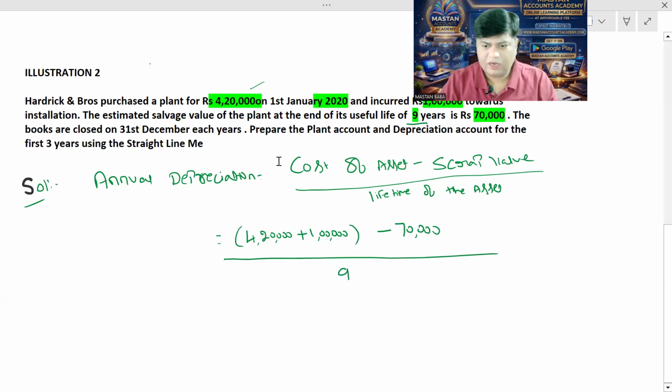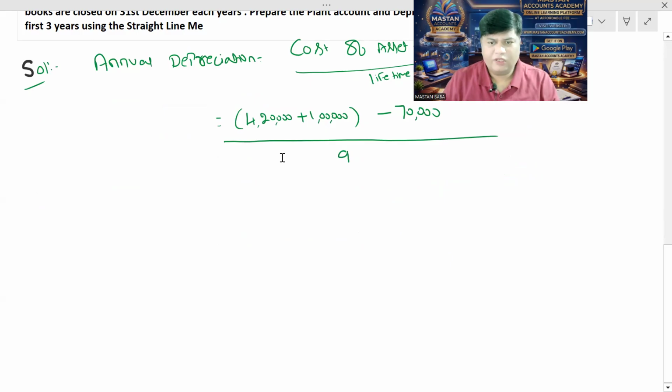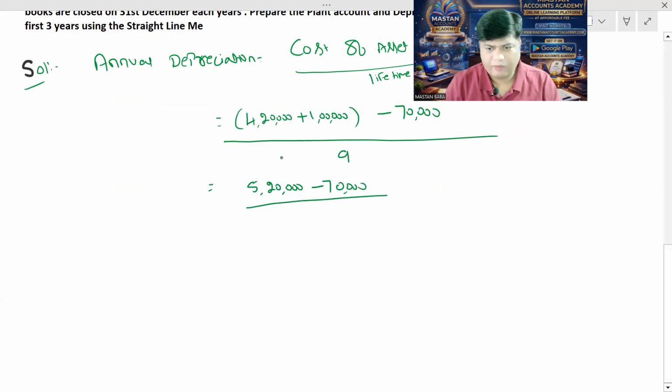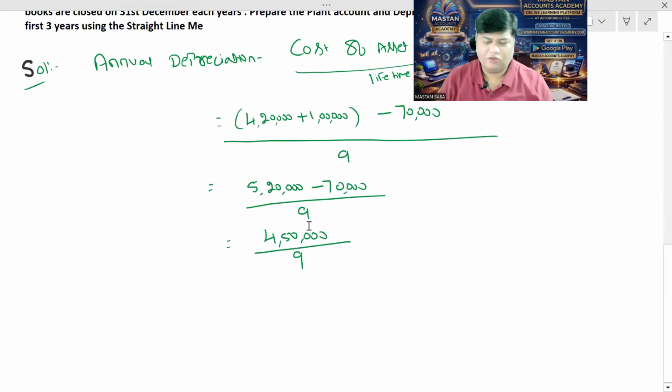Let's continue. 4,20,000 plus 1 lakh is equal to 5,20,000, minus 70,000, divided by 9 years. That is 5,20,000 minus 70,000, which is 4,50,000, divided by 9.